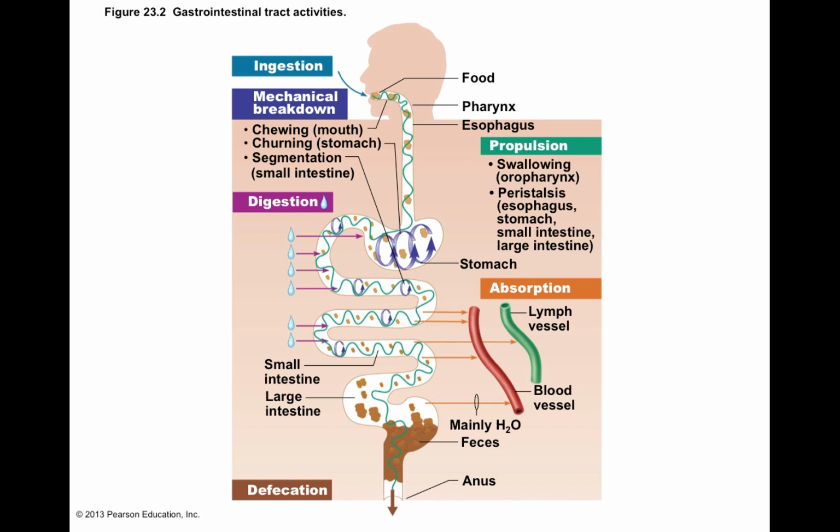And then the next step would be to what? Start breaking it down by chewing, or mastication. Mastication is the process of mechanical digestion of food. When you chew, you're chewing up that food and mechanically digesting it into smaller pieces. So you have mechanical breakdown, which involves your teeth, your tongue, and your hard palate.